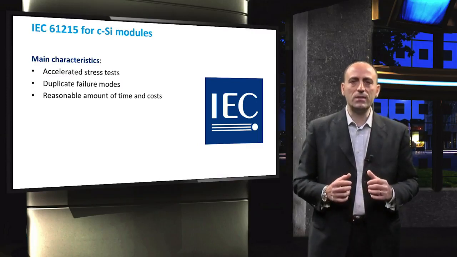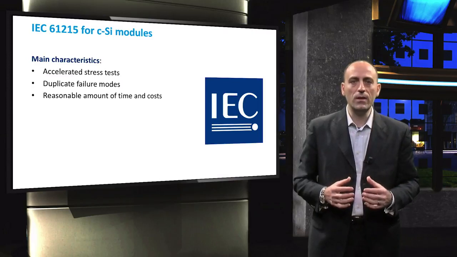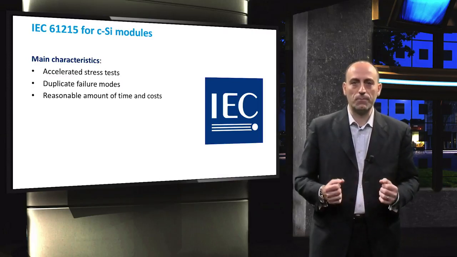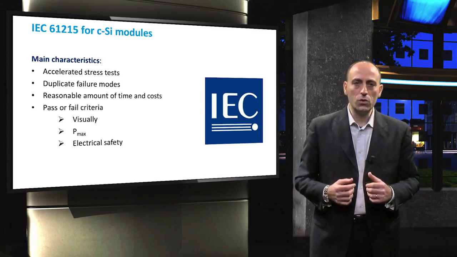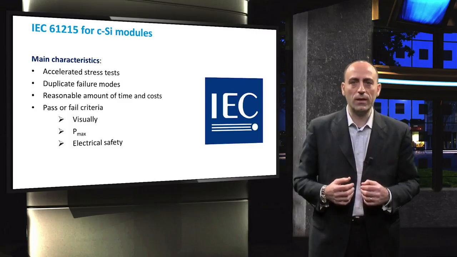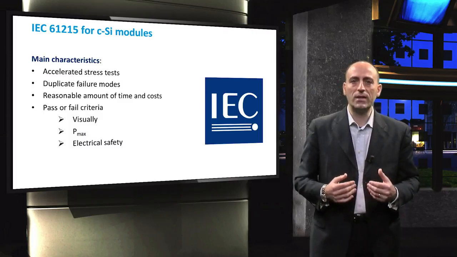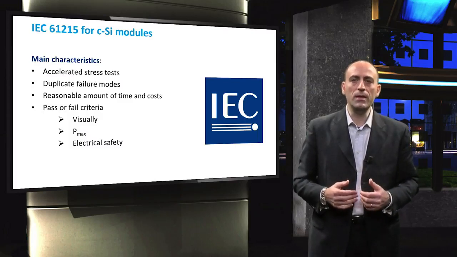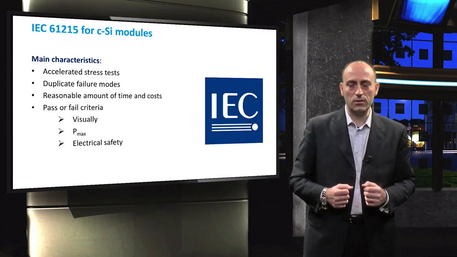The IEC 61215 prescribes a sequence of tests and criteria that have to be met after testing. There are a number of criteria that are checked visually. Also, the module's maximum power at STC is checked and compared to the value prior to the test. Furthermore, the modules should meet two electrical safety test requirements, namely the insulation test and the wet leakage current test.